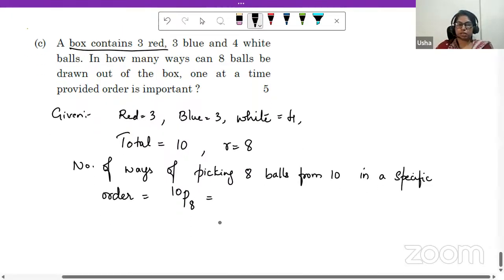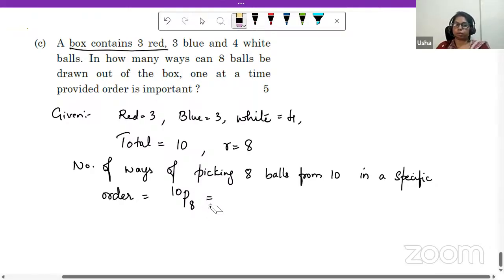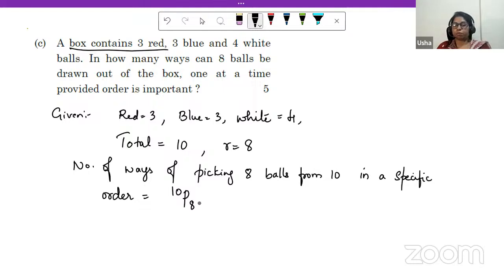That's all. Simplify this. You have to write 8 numbers from 10 in the decreasing order. That will be the answer. You can multiply and see what it is, but whenever this n is more than 8, you can keep it as it is. You don't have to multiply. 10P8 means you should write 8 numbers from 10 in the decreasing order, which is except the last 2 numbers, that is 2 and 1. Except that, you should write everything up to 3.